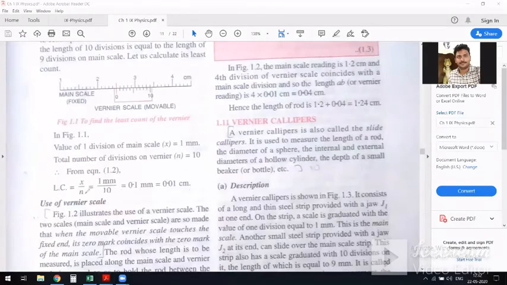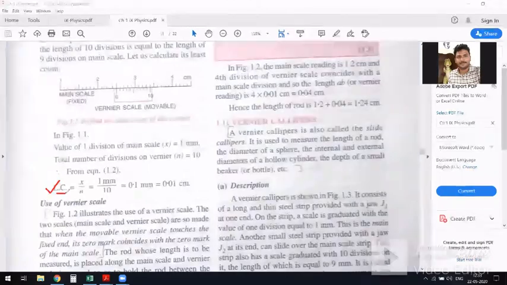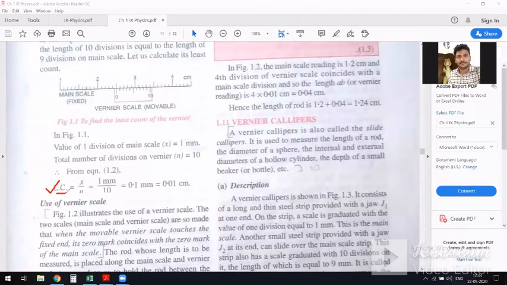This is the least count of vernier scale. Hope your doubt is clear regarding least count. Now what is the definition of least count? It's already given in the textbook. Least count means the minimum value of measurement that can be done with the instrument.